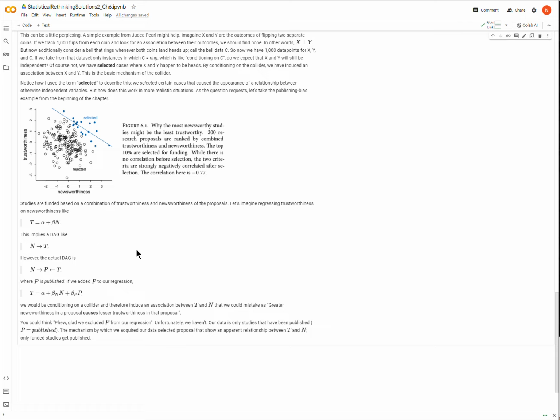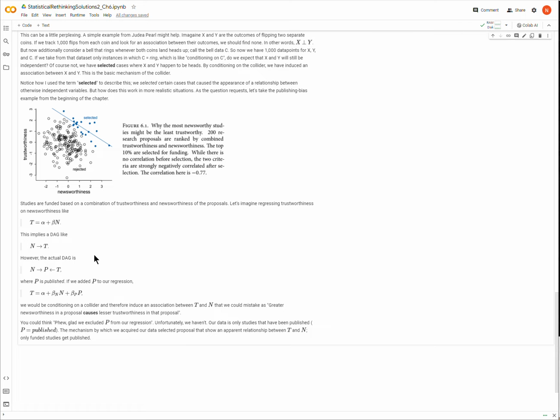But the actual causal structure behind this would be, although we might not know it, that N causes P, where P is a publication being produced. And T, trustworthiness, also determines if a publication is produced.